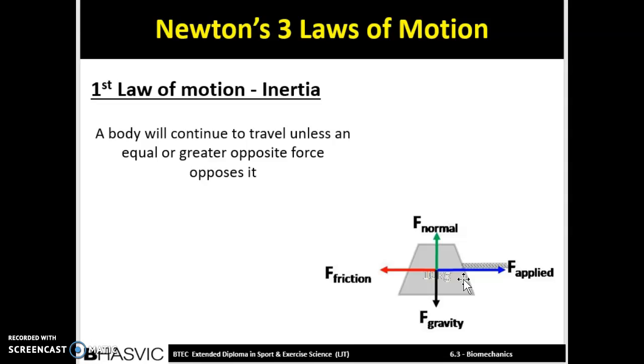And this can be applied in basketball, as it would be harder to get past a larger defender, as more force is required to overcome their weight, as weight is calculated by mass times gravity.